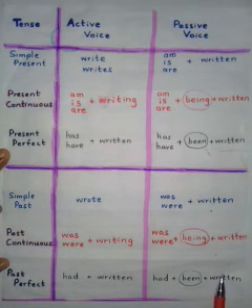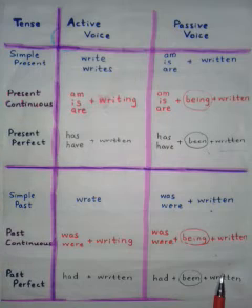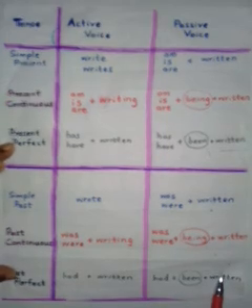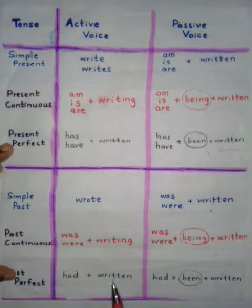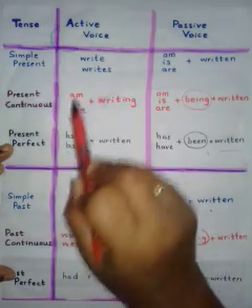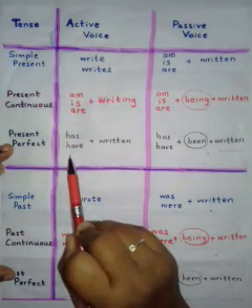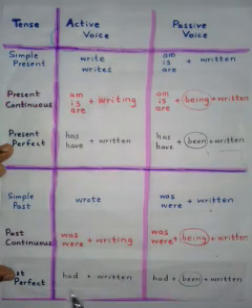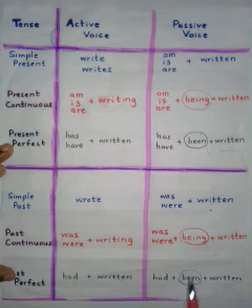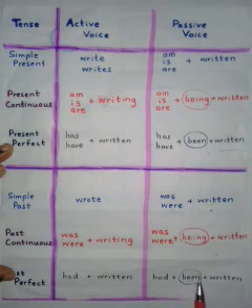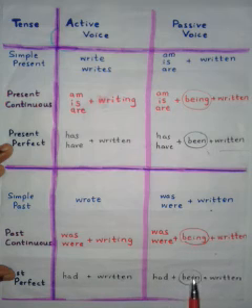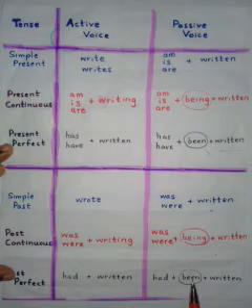And to show the perfect aspect, look at the active voice verb structures, has or have plus past participle, had plus past participle. So you must put another helping verb that must be in the past participle. So we have only been, being.